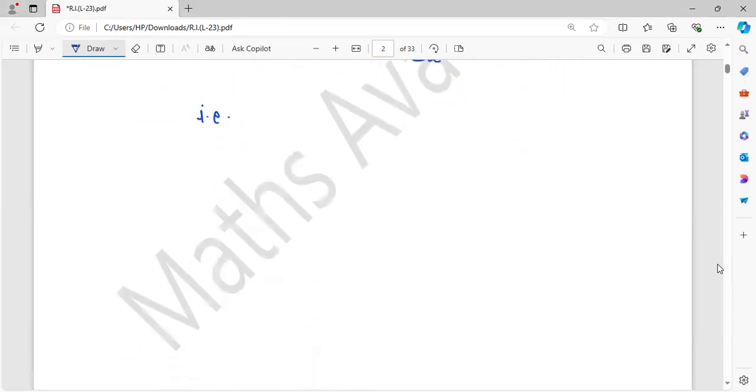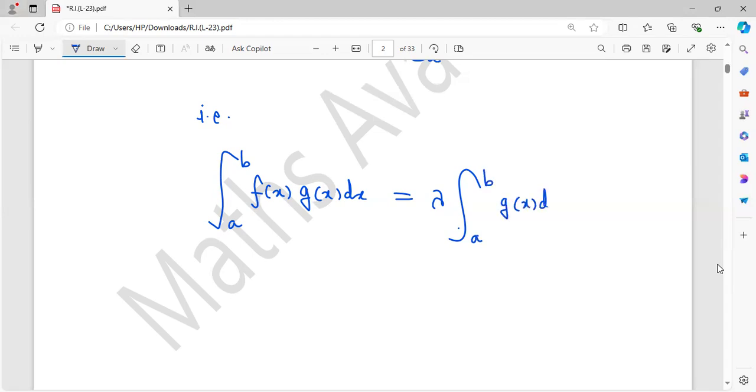So the integral from a to b of f(x)g(x) dx is equal to lambda times the integral from a to b of g(x) dx. Okay.